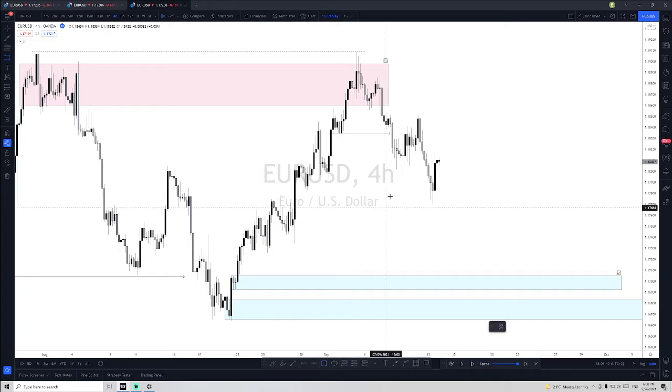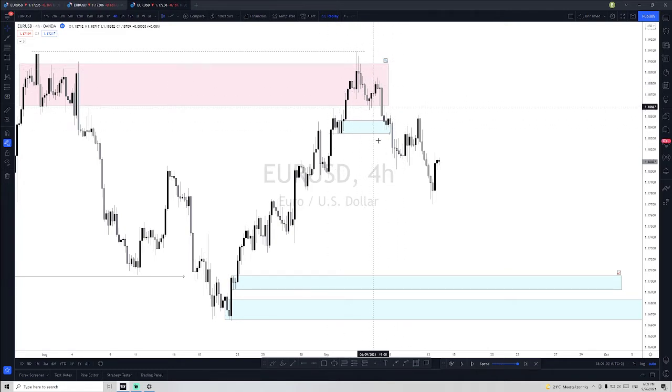And also, if we look at the order flow, this would be our last order flow point, which created a reaction but wasn't enough to break this inner structure point. Because if this inner structure point was broken, this supply on the daily wouldn't have mattered that much.